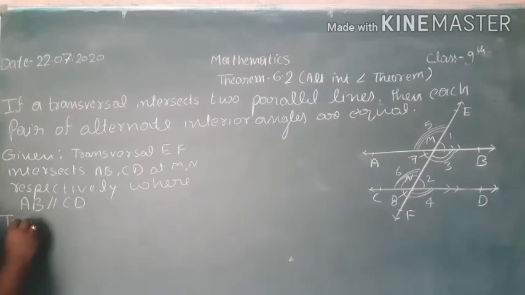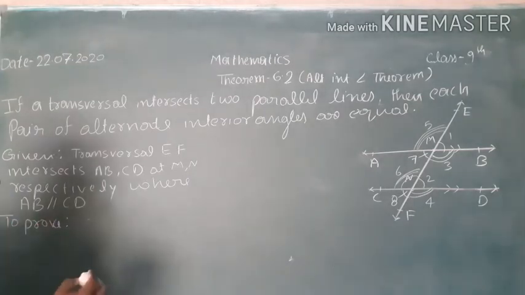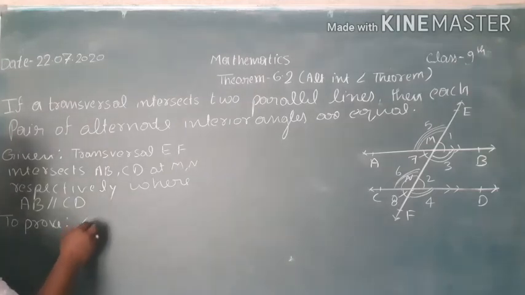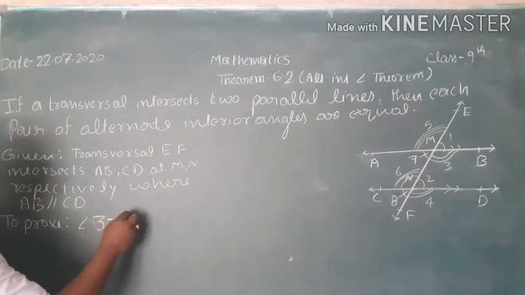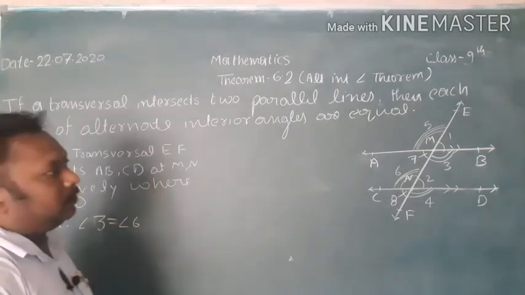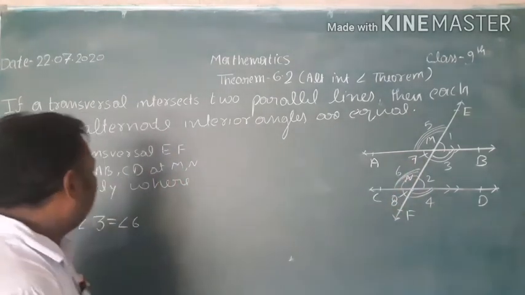To prove, we have to prove that alternate interior angles are equal. So which angles are the alternate interior angles? Angle 3 equal to angle 6. These are the alternate angles: 3 and 6, and 2 and 7.